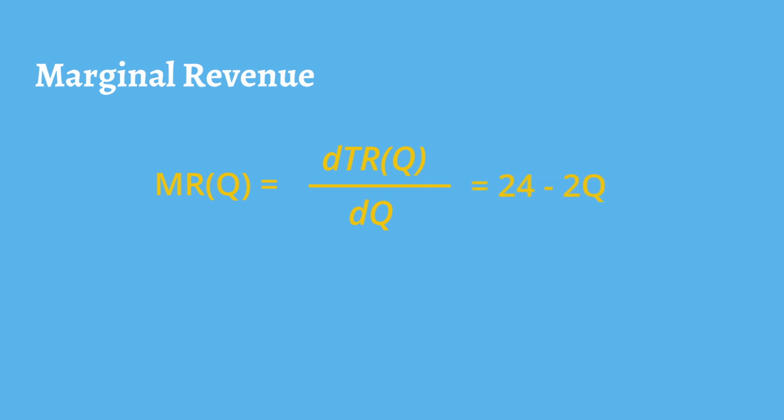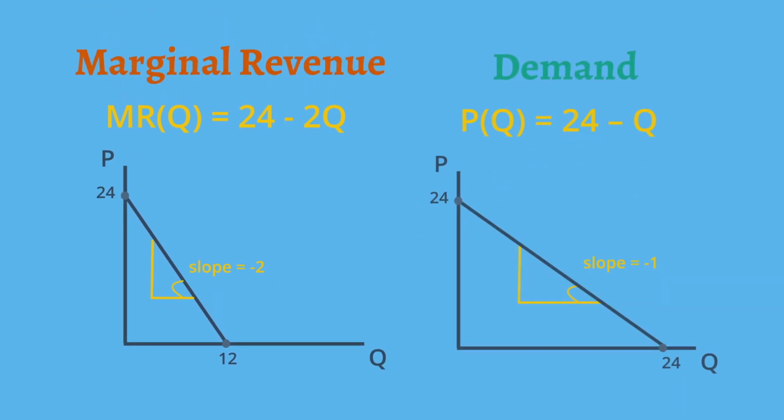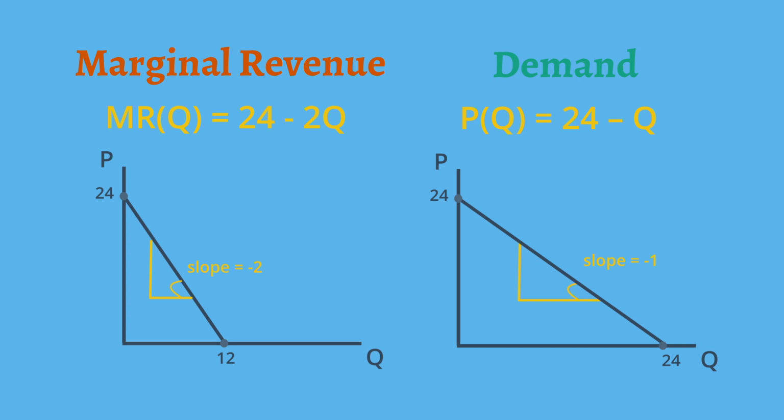Let's take a closer look at the marginal revenue function. Marginal revenue equals 24 minus 2Q. The y-intercept is 24, while the slope is -2. Graphically, it will look like this. Demand is P equals 24 minus Q. Marginal revenue is 24 minus 2Q.